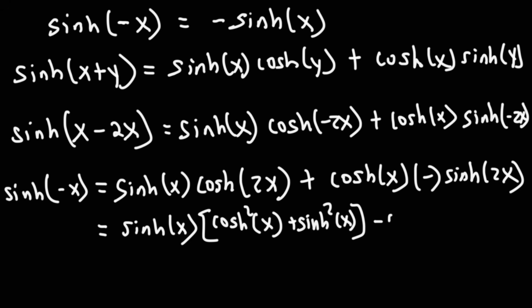And here we have negative cosine of x, and then we can use the double angle formula for sine. That's going to be 2 sine cosine. So now let's see what we can do here. Let's distribute sine.